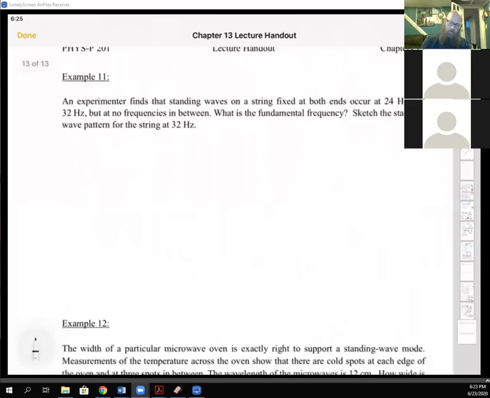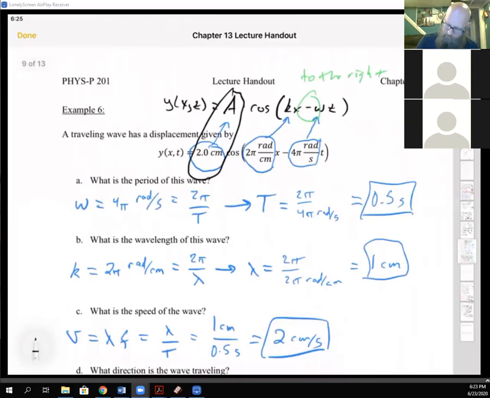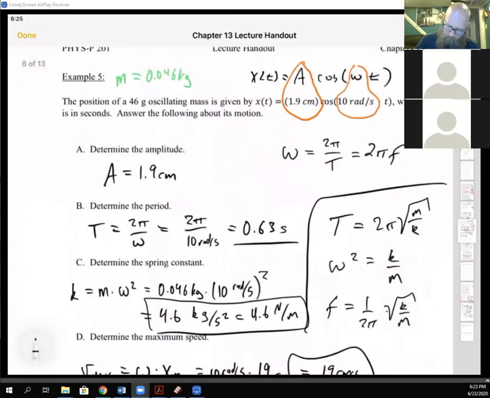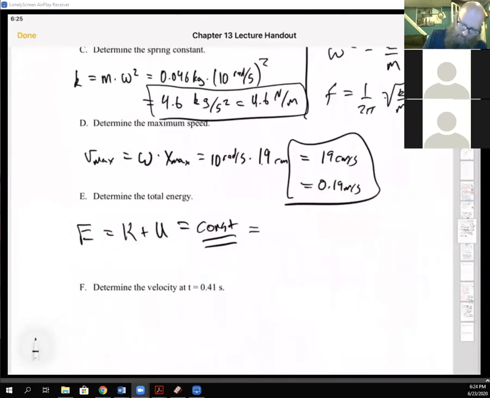Specifically, when all of the energy is kinetic, so we could say K max, or when all of the energy is potential, U max. To do U max, I need the spring constant and the amplitude, which I have, and to do K max, I need the mass and the maximum velocity, which I have.